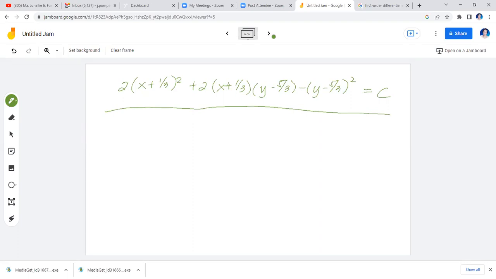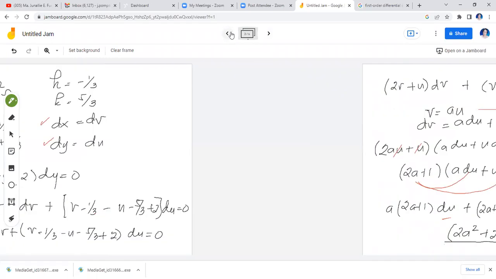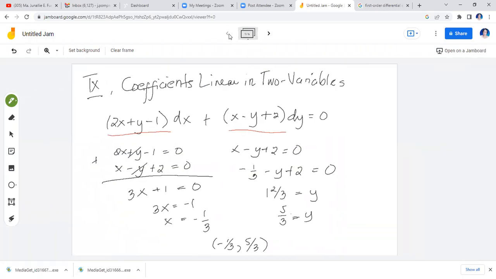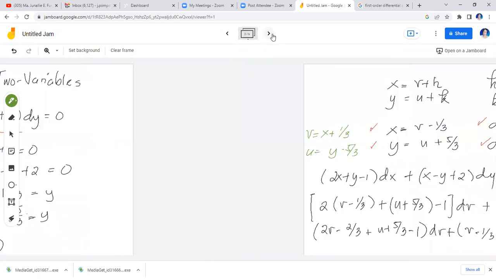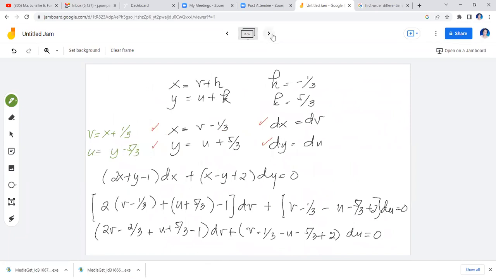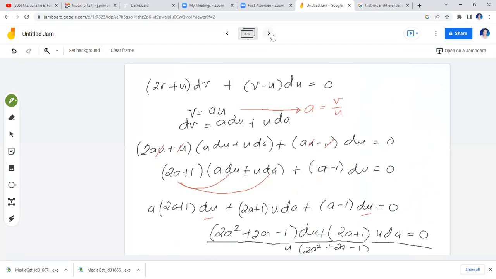It's really a long process, class, especially if the coefficients are those of lines which have a point of intersection. From this form, you convert it to homogeneous. So we have converted it to, where is the homogeneous DE?